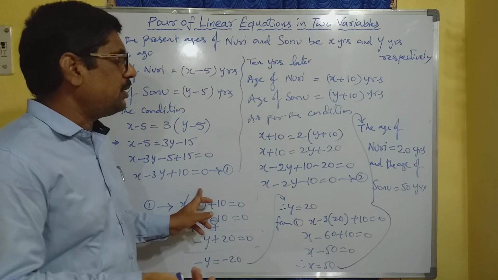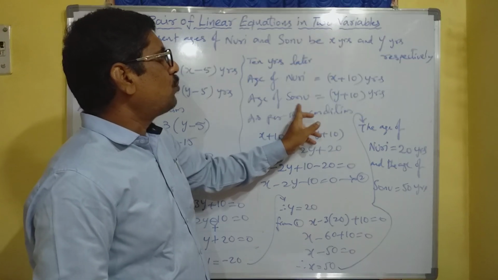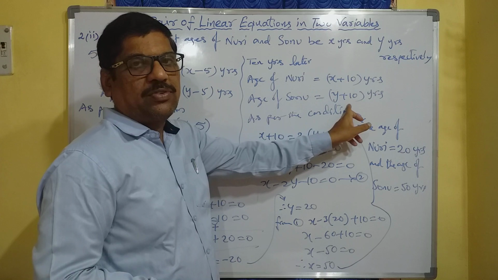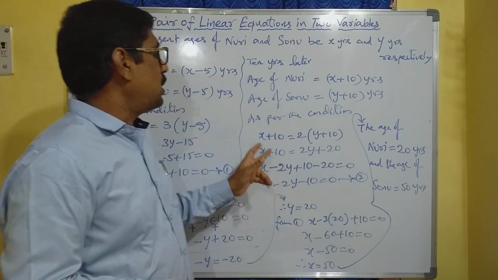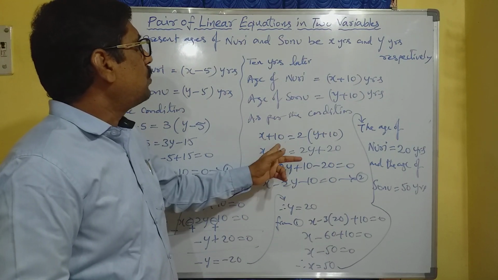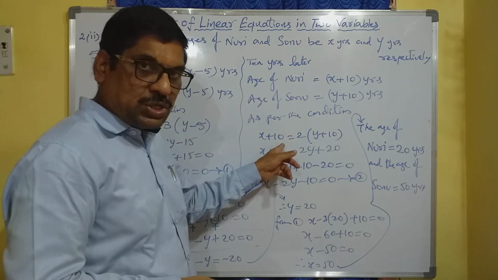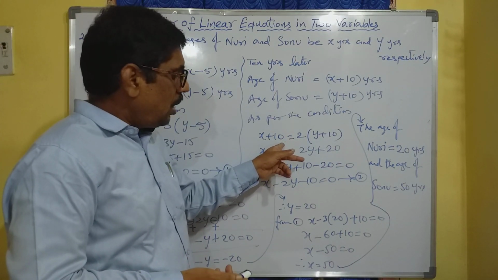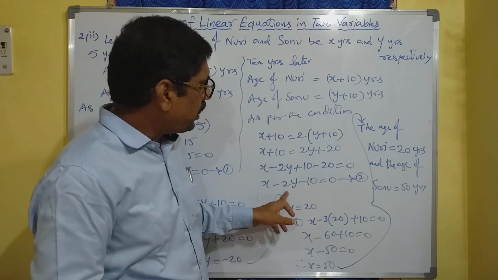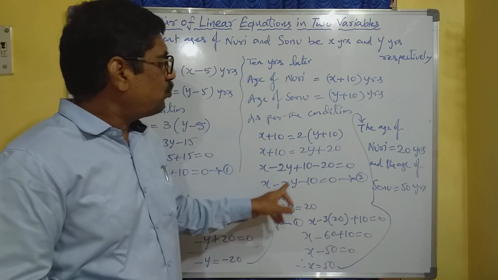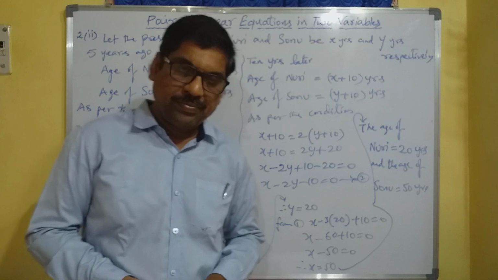Okay, 10 years later, the ages of Nuri and Sonu will be x plus 10 and y plus 10. As per the given condition, the age of Nuri will be twice the age of Sonu. So we get this equation from the condition, and by simplifying this, we get one more linear equation, that is x minus 2y minus 10 is equal to 0.